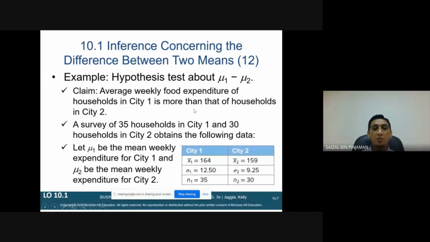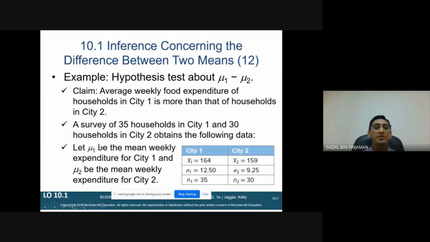In this case, we have these keywords: more than. More than means it is larger. The value that we obtain from sample 1, in this case city 1, is larger than city 2. And larger is pointing to the right. In that case, you are conducting a right tail test. A right tail test belongs to the one-tailed tests.